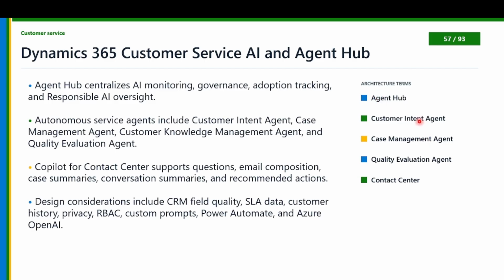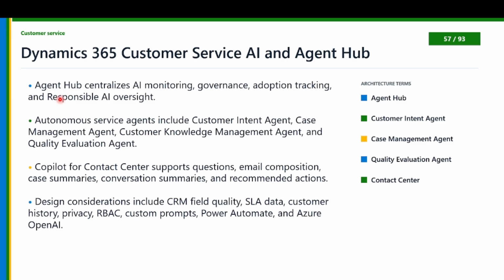Then these are the kinds of agents that you can deploy on the platform. The customer intent agent will use sentiment analysis to determine the intent of every customer coming in and how to interact with them. Then the case management agent, you can manage cases. You have the quality evaluation agent and the contact center agent, which is just a response agent that will communicate with customers.